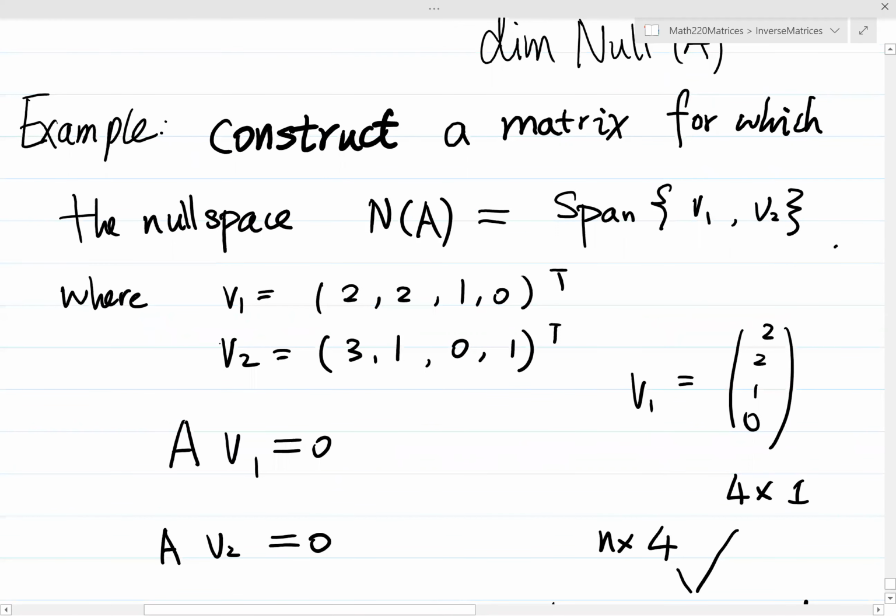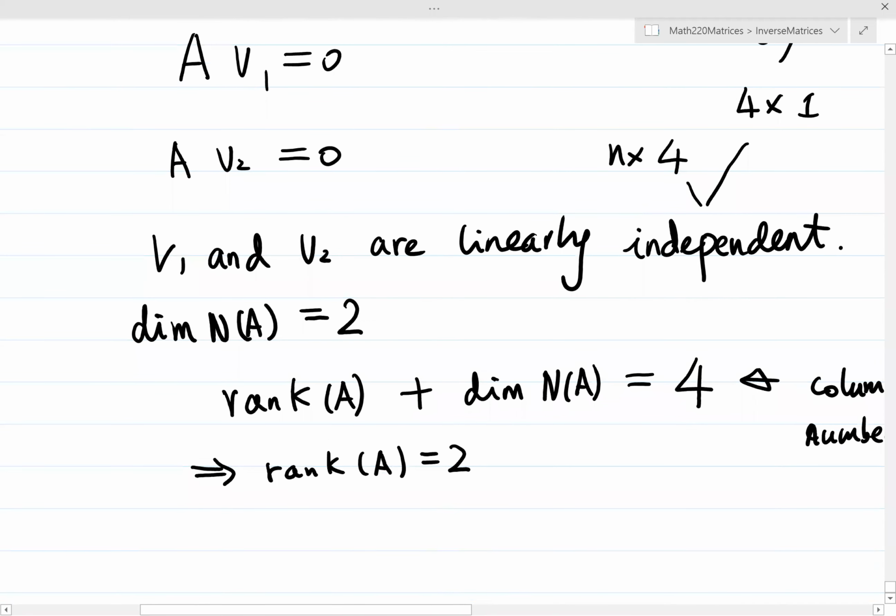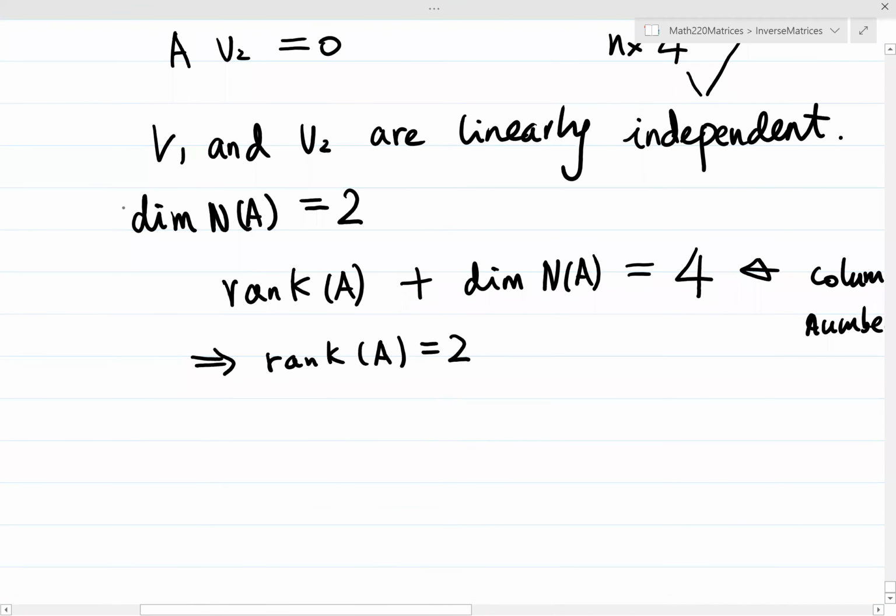Now, let's use the row picture. If you write A in terms of rows, it has n rows: row 1, row 2, up to row n.